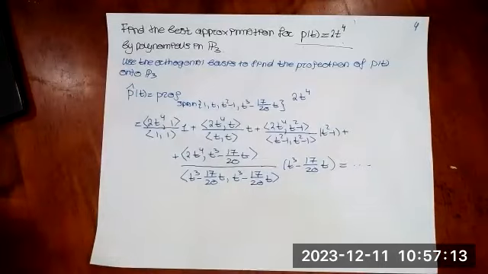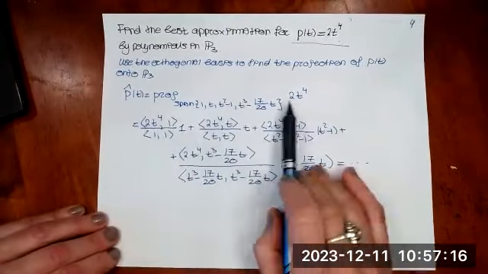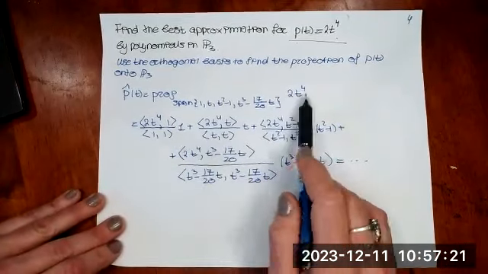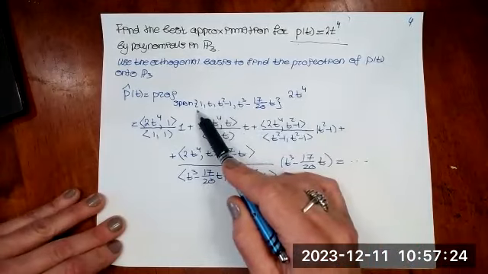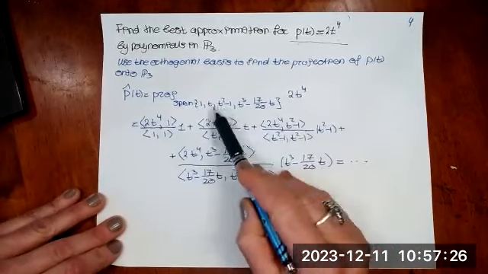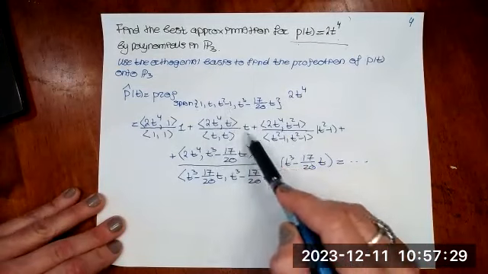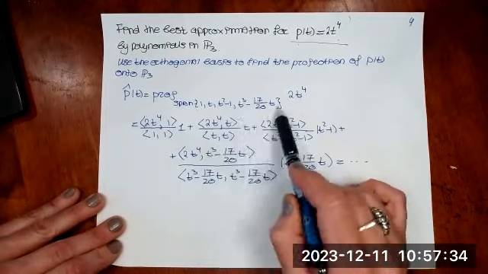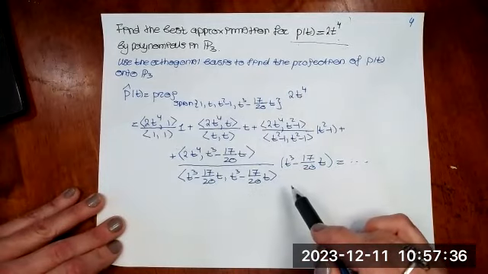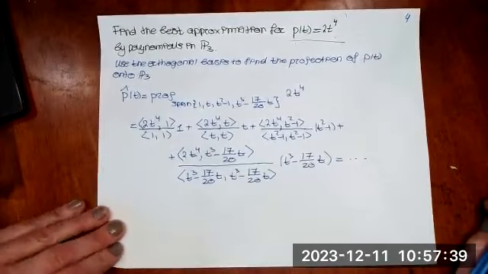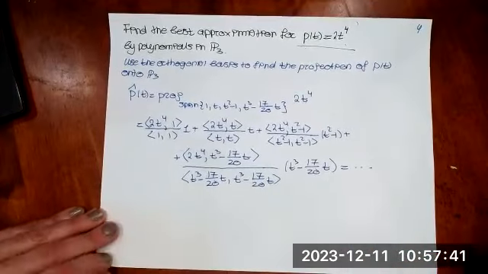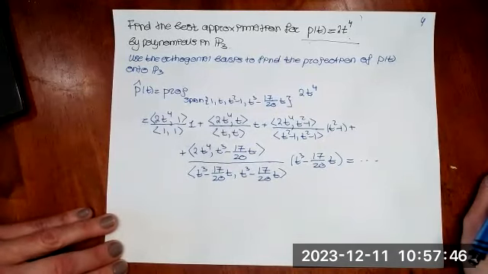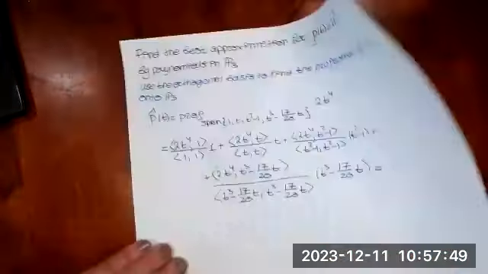Then again, it's just using the formula: I'm taking the projection onto 1, onto t, onto t squared minus 1, and onto t cubed. It's going to be a little long, but you can just compute everything and find your best approximation. I didn't finish that one.